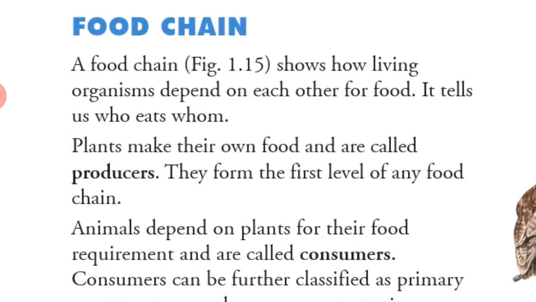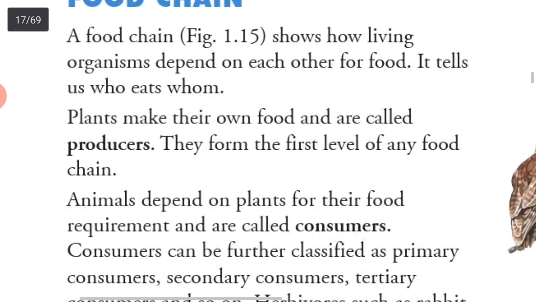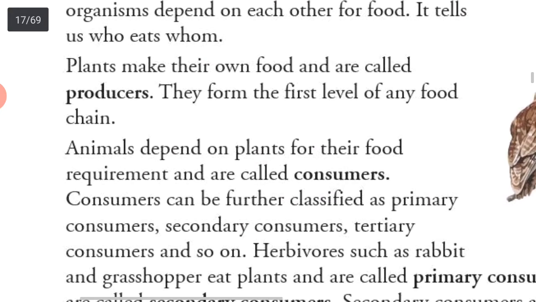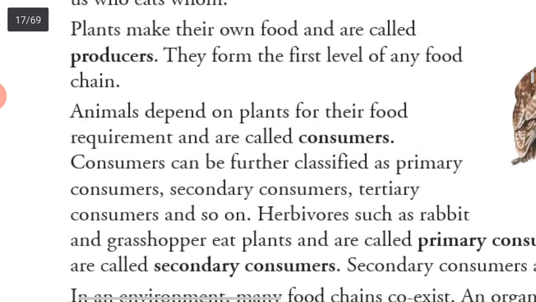Animals depend on plants for their food requirements and are called consumers. Consumers can be further classified as primary consumers, secondary consumers, tertiary consumers, and so on.